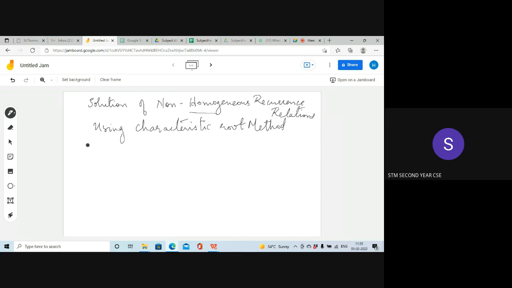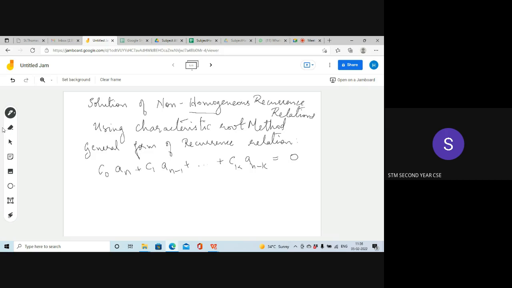General form of the recurrence relation is given by a constant C0 into An plus C1 into An minus 1, plus etc., Ck An minus k, is equal to 0. This is what we were solving till now. If it is equal to 0, then it is homogeneous.